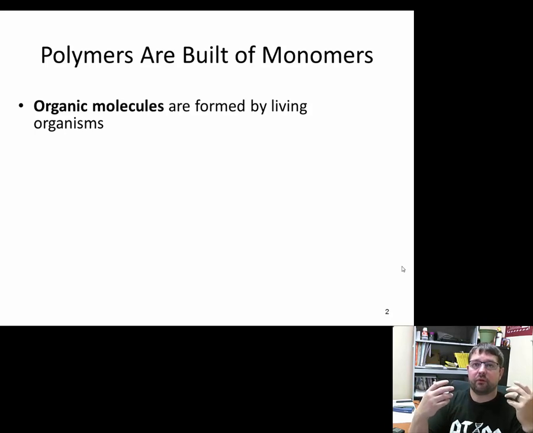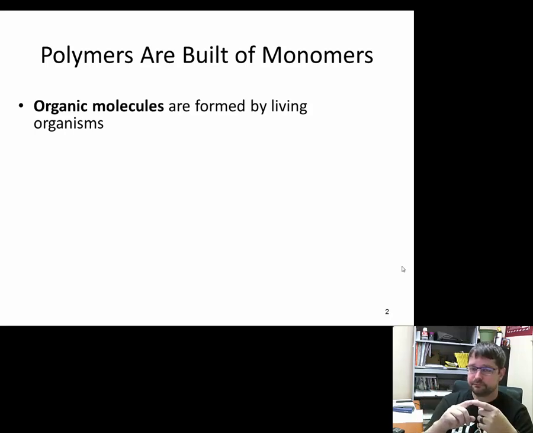So living organisms have the capability of taking very simple elements, or small molecules, and building them into much larger molecules. So taking monomers and building them into polymers. And then they can be utilized for many different things.